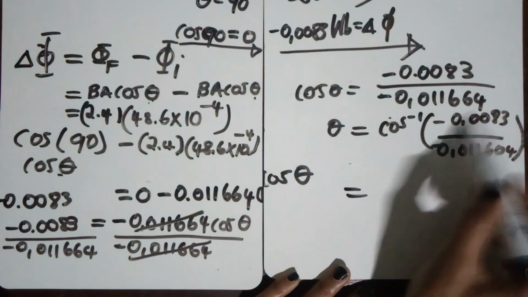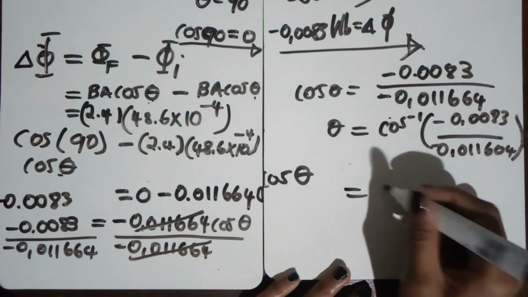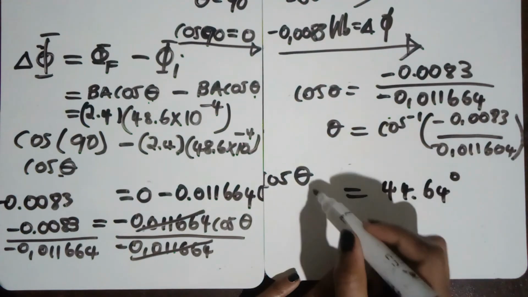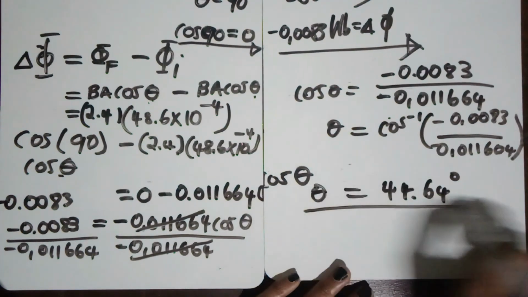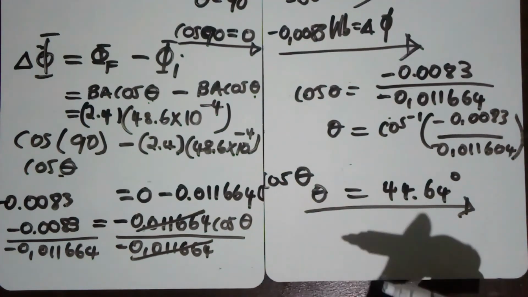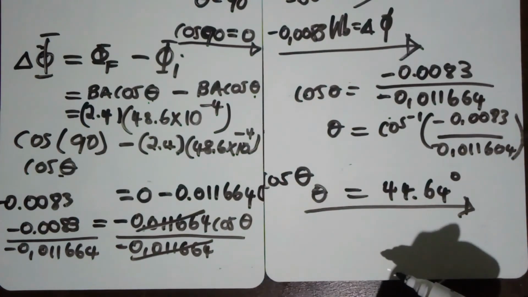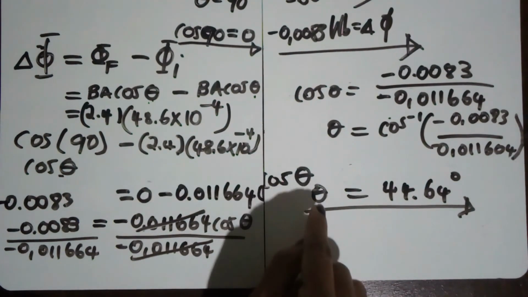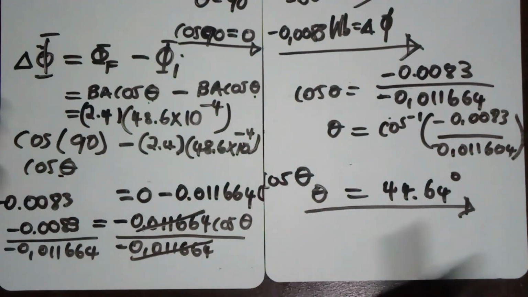In the bracket you put this value and you'll come to a value of about 44.64. So the angle that we're looking for is actually 44.64 degrees. I hope that was clear. I hope you were able to follow my logic in terms of how we go about determining this angle, right? Cool. So we are actually done with the question.